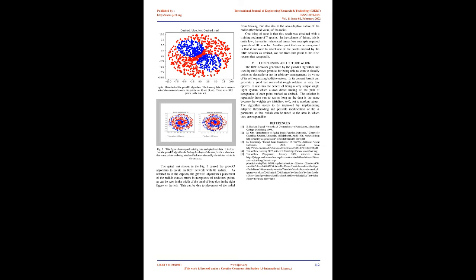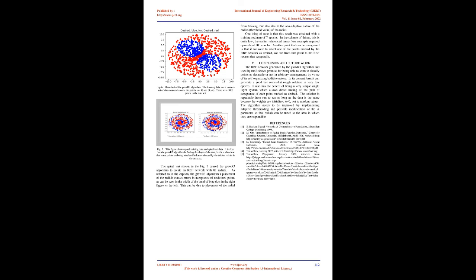Four, results. Early tests of Grow R3 show promise. For a simple test, one with desired points randomly centered around -4, 4 and 4, -4, the Grow R3 algorithm finds the centers quickly, albeit the centers are not precisely at -4, 4 and 4, -4, because the random generation of the points favors generating points more densely around the origin, which slightly shifts the centers closer to the origin.